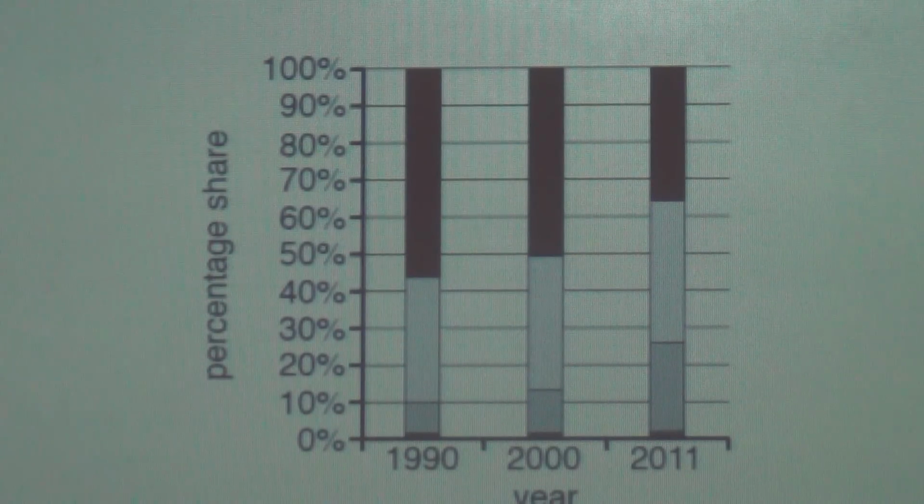And the real spanner in the works that has been thrown here is that trade between developing countries has now gone from 12% to 24%. And that's the key significant change here.